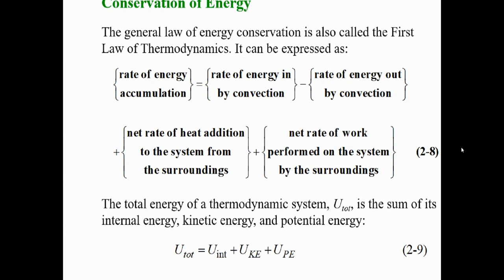Therefore, in this case, the total energy of a thermodynamic system, U total, is the sum of its internal energy, kinetic energy, and potential energy, as given by equation 2.9 there.